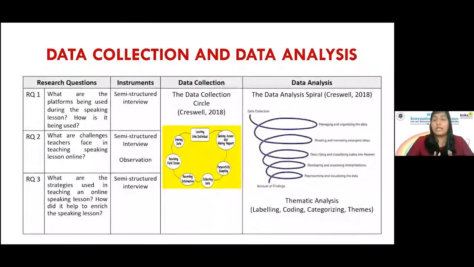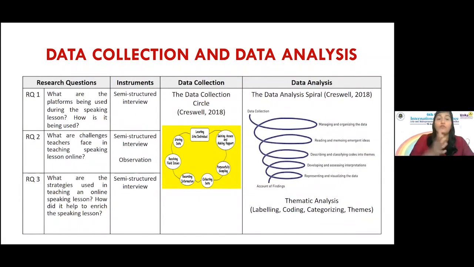So this is a summary of the flow from the research question all the way up to the data analysis. We have 3 research questions, and we have all the instruments being used and how the data was collected. First, since we are doing purposeful sampling, we have located the site and the individuals we want to interview and observe.